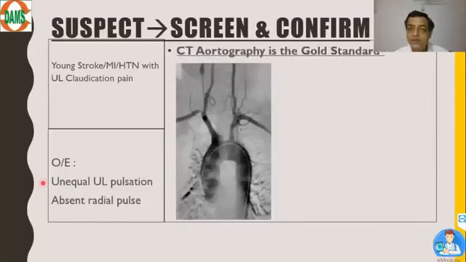But the gold standard test is the CT aortography. So CT aortography is the gold standard test in front of you. Okay, I'll show you the last slide. Let's wait till this. So we have got gold standard CT aortography.